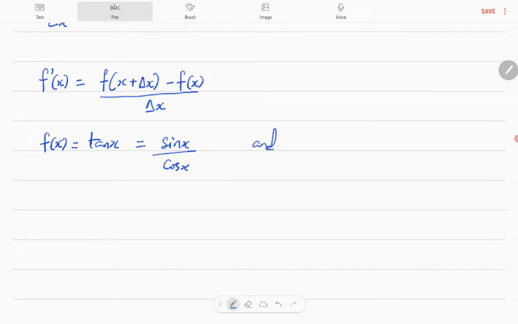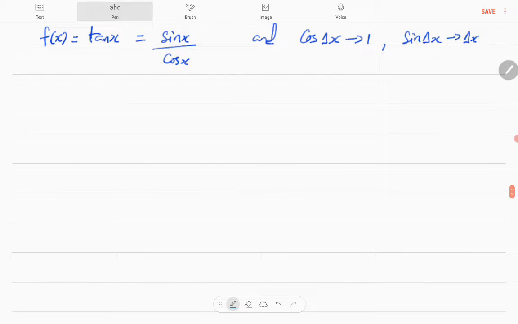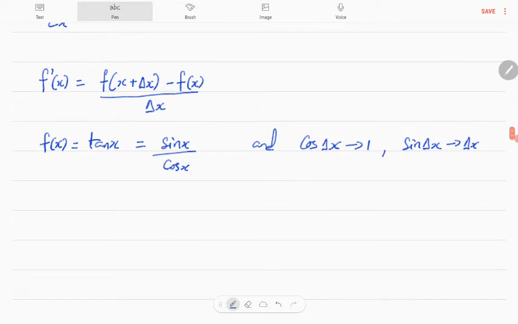And of course our cos dx tends to 1, and sin dx tends to dx. So we're going to be using the first principle of derivative.